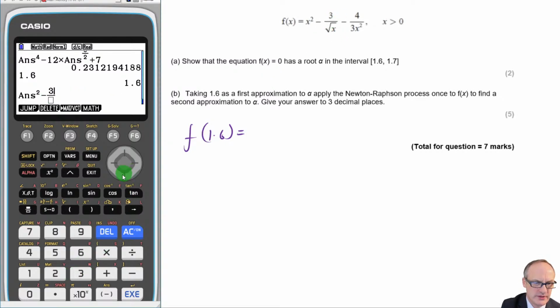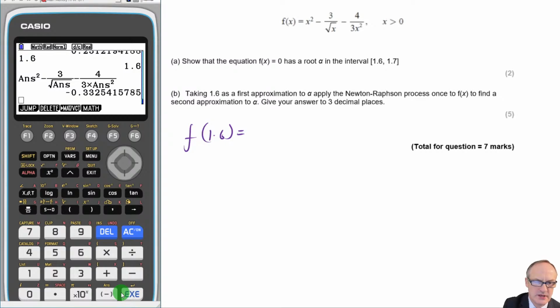So we're going to put 3 over the square root of the answer, x, and get up here, and then we're going to take away another fraction, and we get 4 over 3 times shift answer, and that is squared. And we press execute, and we get minus 0.3325.